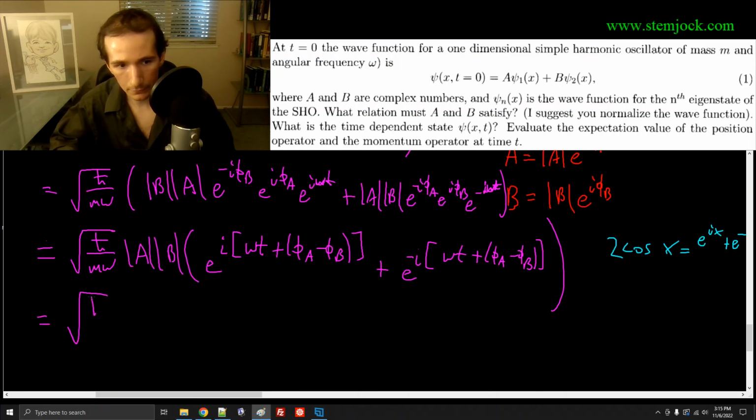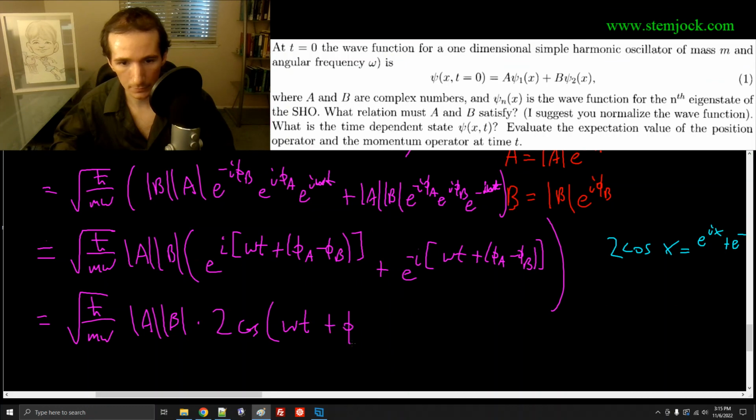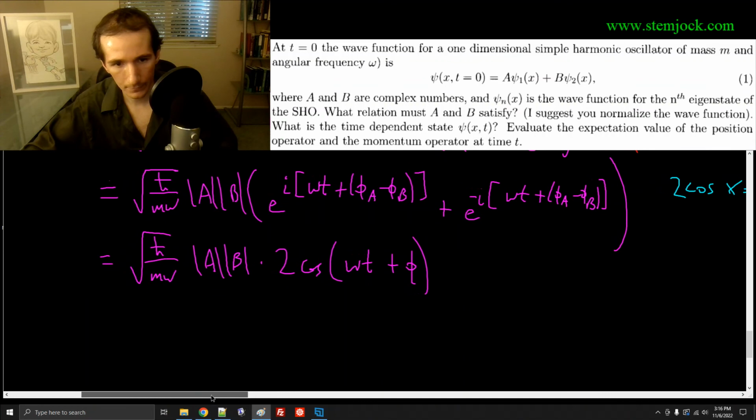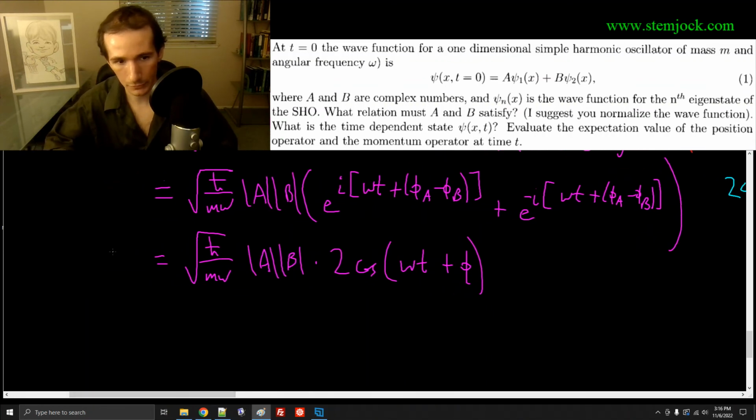This is square root h bar over m omega, magnitude A, magnitude B, and times 2 times the cosine of omega t plus phi. Now I'm using phi here to represent the difference in phases. This is an arbitrary constant, so it can be anything and the final answer will be correct. So this here is our final expression for the expectation value of the position operator at time t.